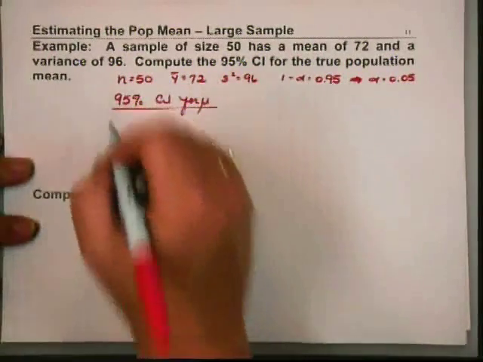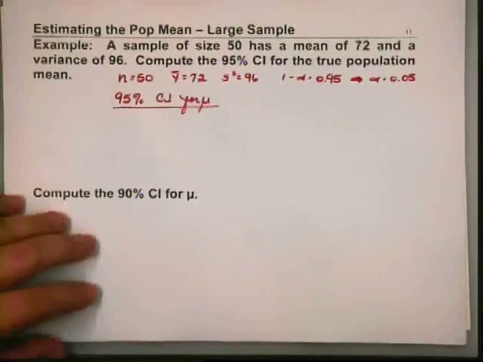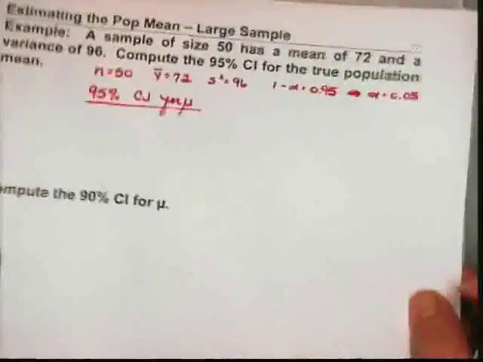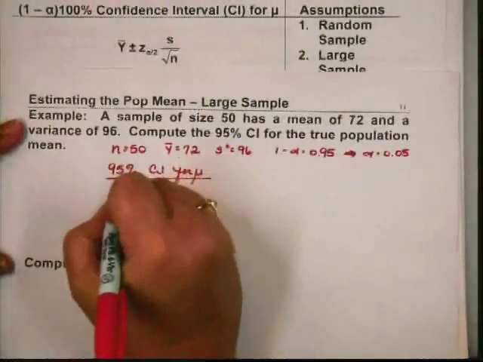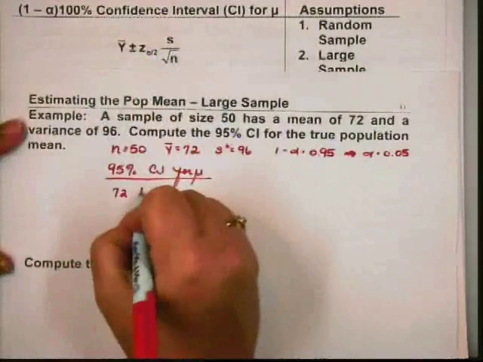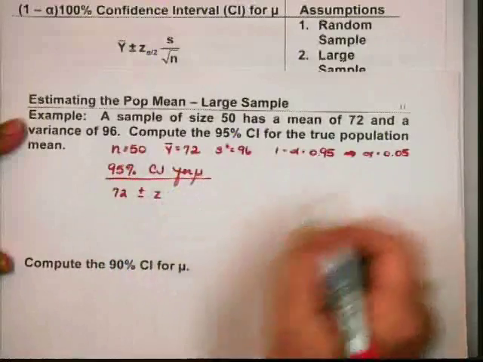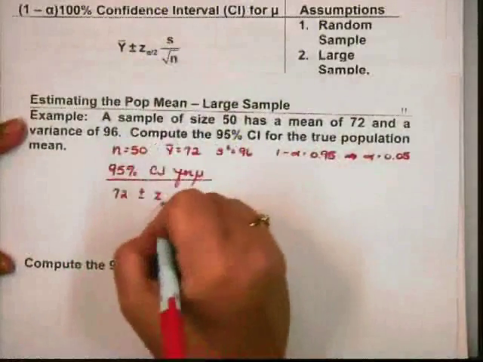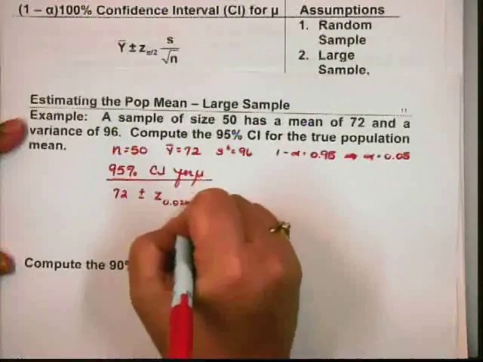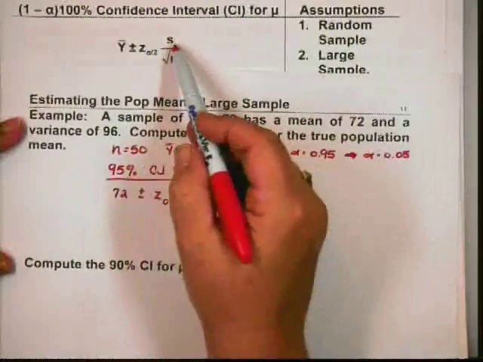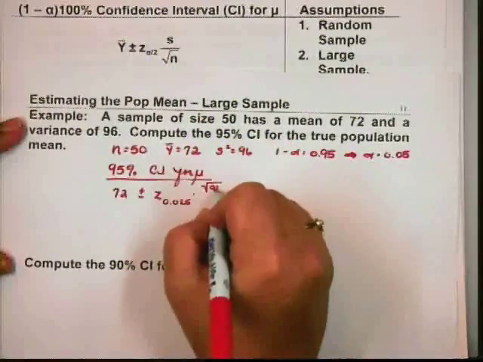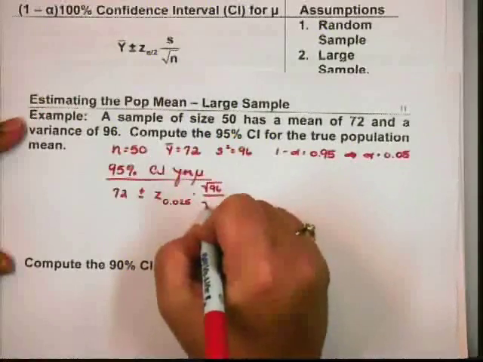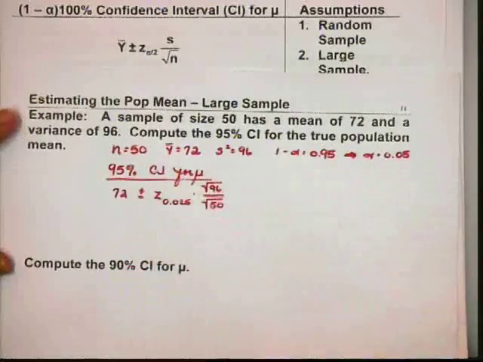So now I write my confidence interval. I'm going to take y bar. Y bar is 72, using my formula, plus or minus z determined by alpha is 0.05, so alpha over 2 is 0.025, times the standard deviation, square root of 96, divided by the square root of the sample size, square root of 50.